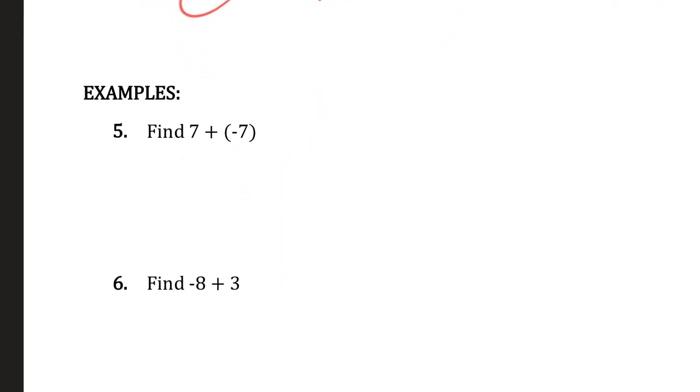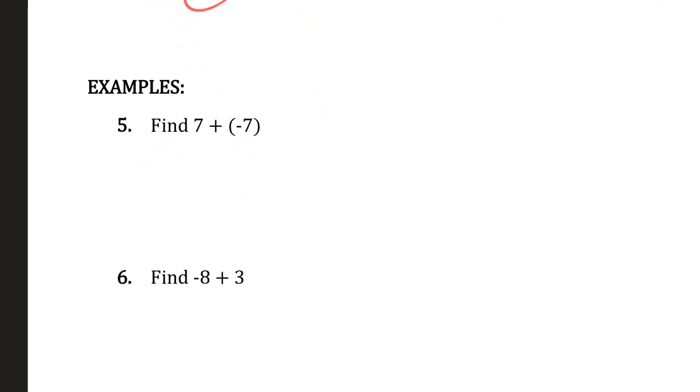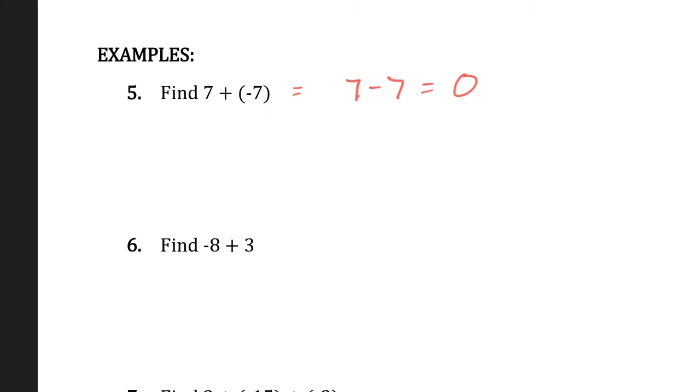Let's look at number 5. Okay, I have 7 plus negative 7. Okay, subtract their absolute values. 7 minus 7 equals 0. And if you think about that, if you have 7 and you're adding a negative 7, or if you have a negative 7 and you add 7, you're going to get 0, right?